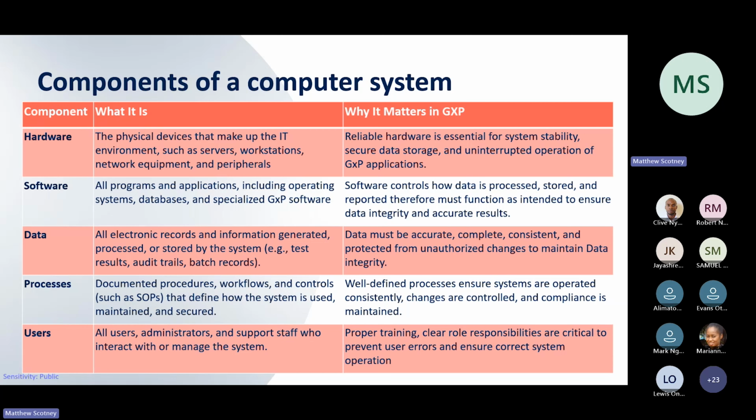But if you share your password with somebody, anybody can access your system. Anybody can go in and start changing things, which means you don't know who's performed the activity. And one of the things we need from a compliance point of view is we need to make sure that work is attributable. So the users play a key role also in the computer systems.